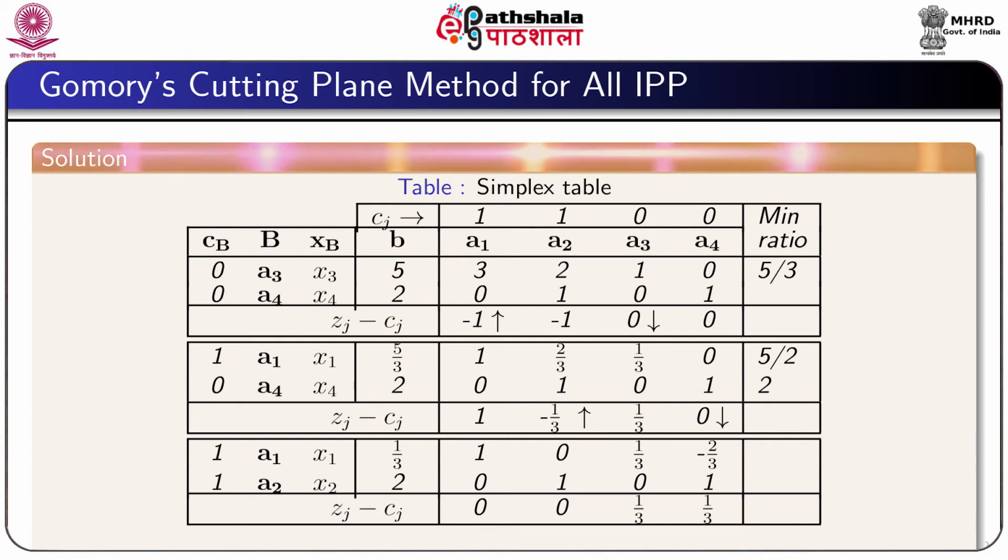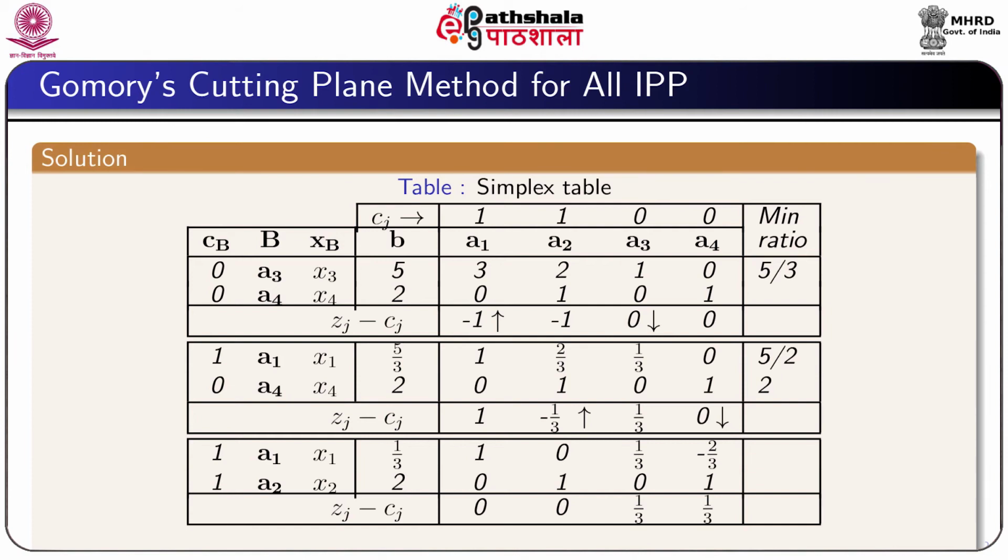In the second iteration, we have a1, a4 in the basis, and the optimality condition is not satisfied because z2 minus c2 is still negative. So, a2 will be the entering vector in the next basis, and from the minimum ratio we find a4 is the departing vector.